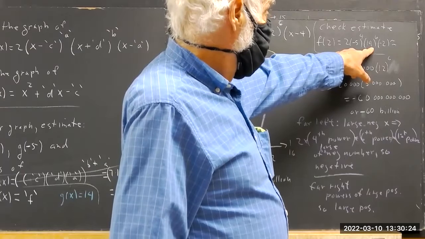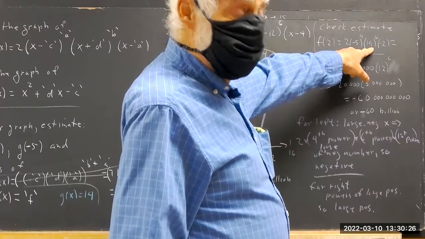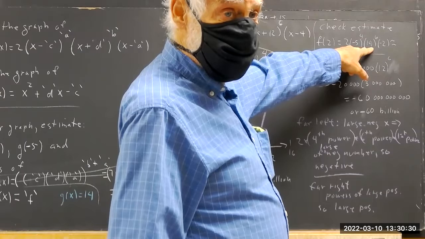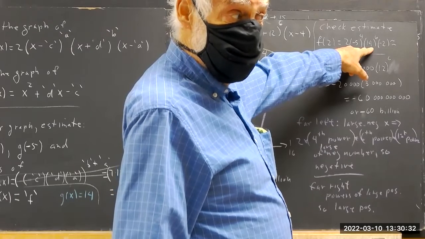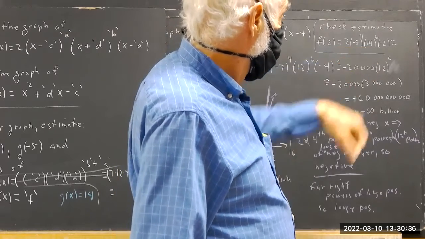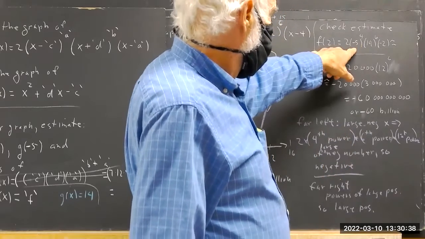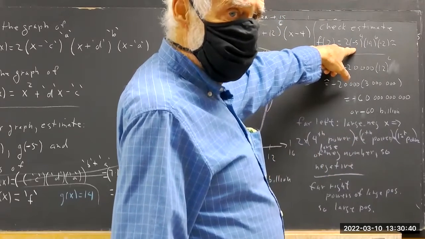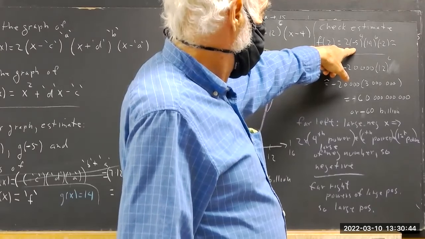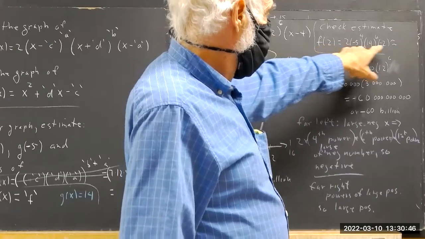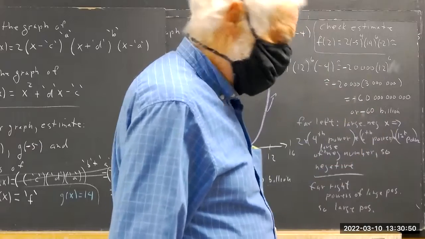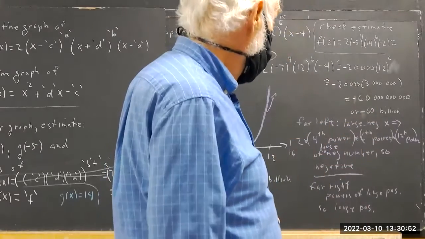And 200 times 200 is 80,000. And 200 times that is 16 million. Everybody knows that 5 to the 4th is 625. 4 times that is about 2,500, say.